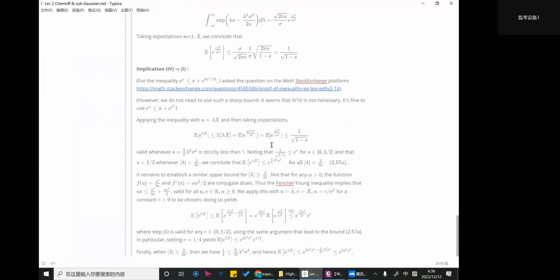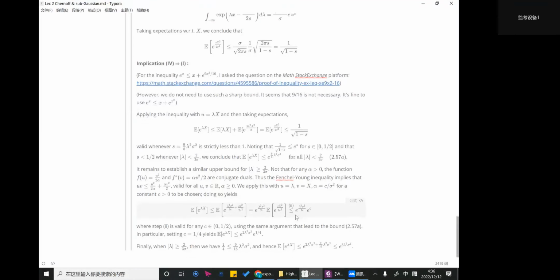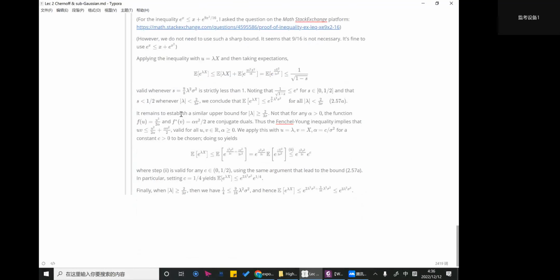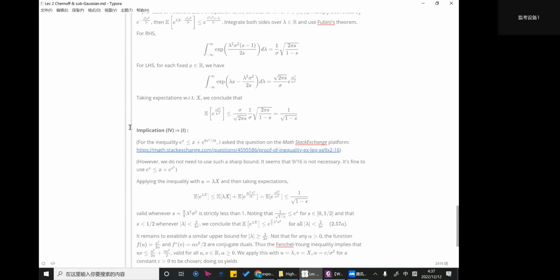And you can also write these two cases, and you can establish different upper bounds for different cases, and finally you can get the result that X is also sub-Gaussian given the condition in case 4, given the implication of case 4.